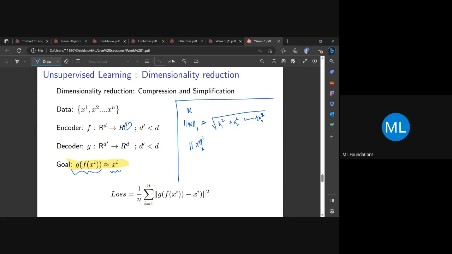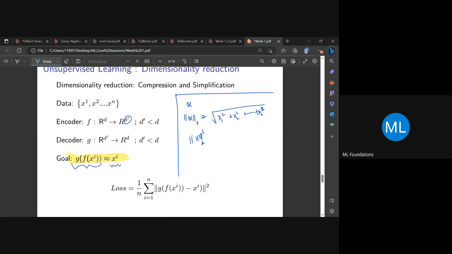At the end, what you would want is that if you have moved from a higher dimension to a lower dimension of a data set, and you want to get back the actual data, that is what I would expect the decoder function to do.